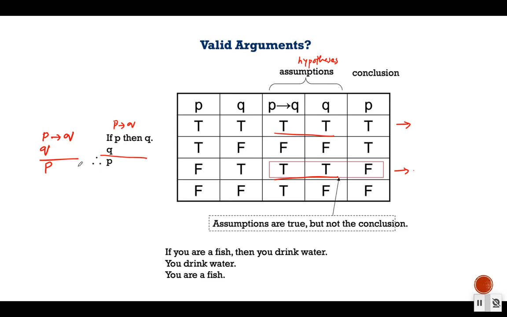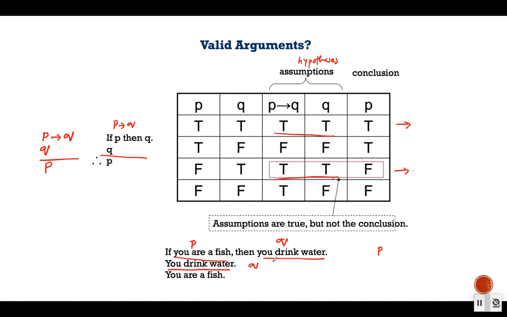So let's see an example here. In this case our hypotheses are true but not the conclusion. If you are a fish, you drink water. So p stands for you are a fish and q stands for you drink water. Now q is true, you drink water. Does that mean that you are a fish?